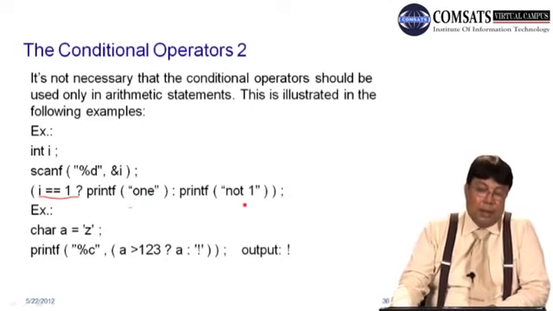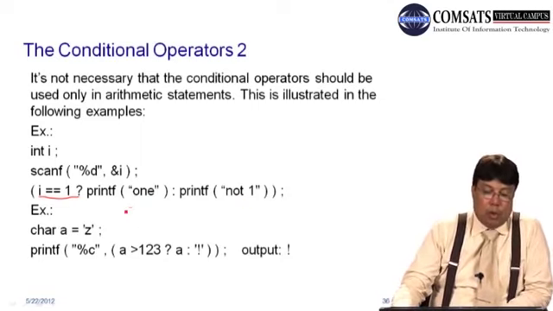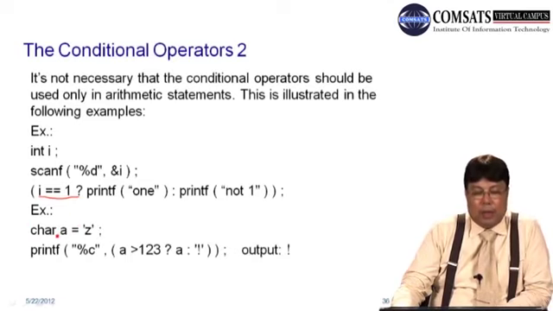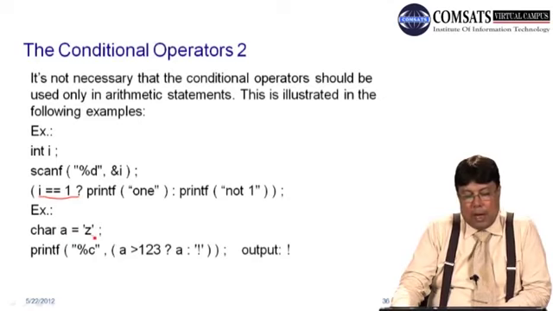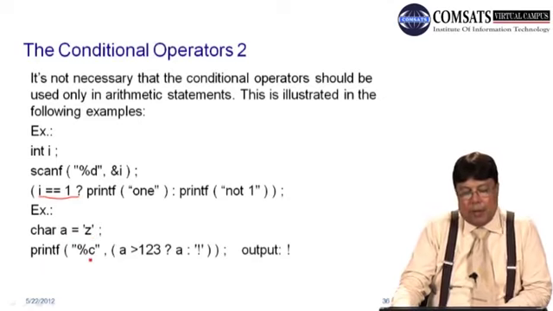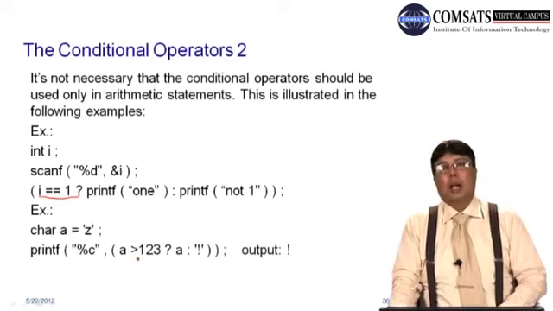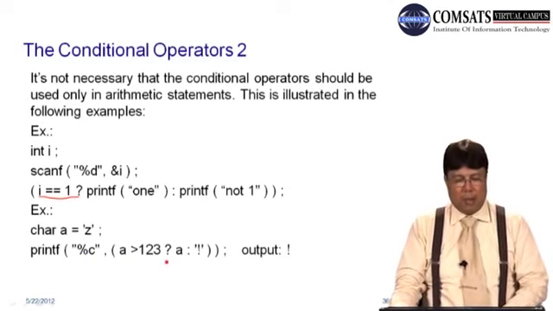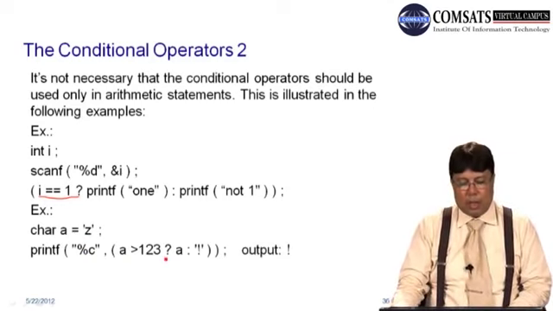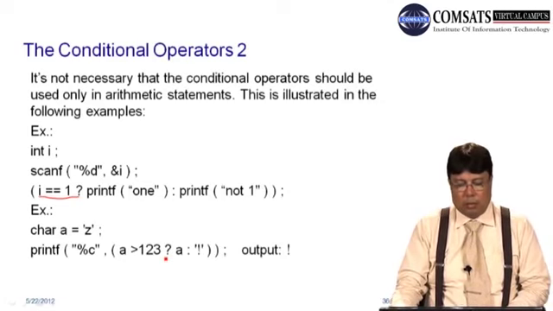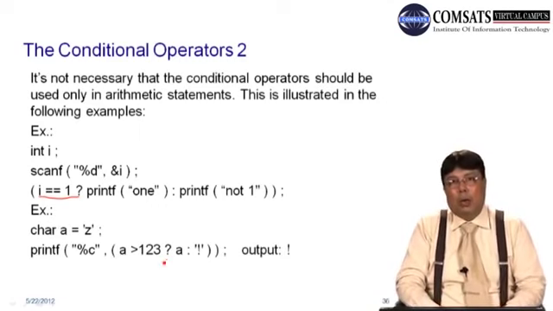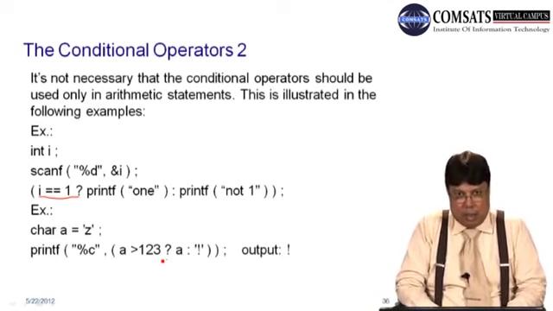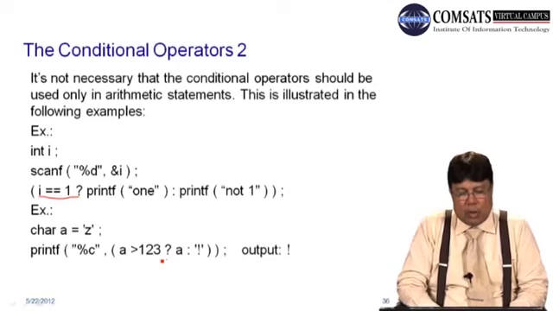Similarly, a very interesting example here. Suppose you have defined a character A which has a value Z. Now we say printf %C. If A is greater than 123, now the code of Z, if I remember it correctly, is less than 123. Small a is 97, so Z should be equal to 122, I guess.